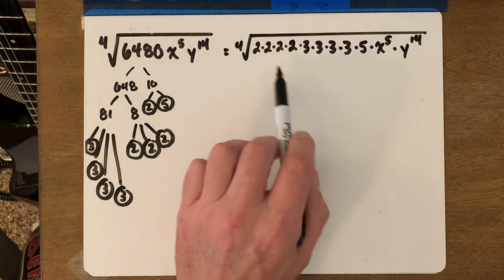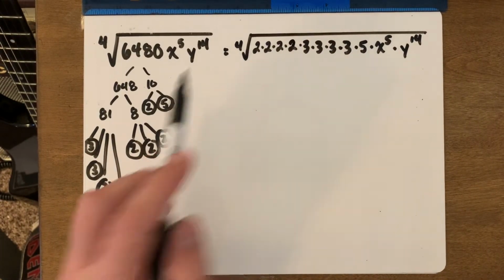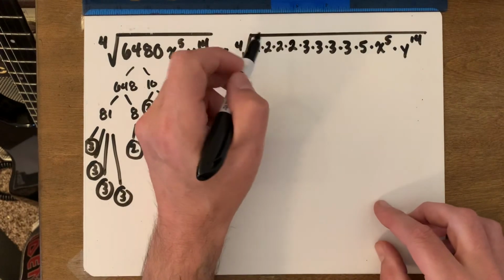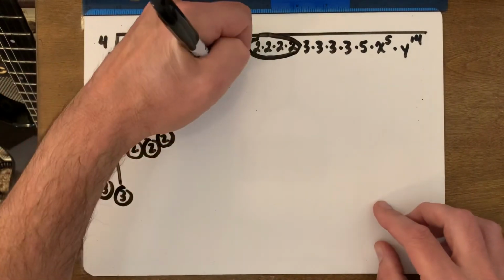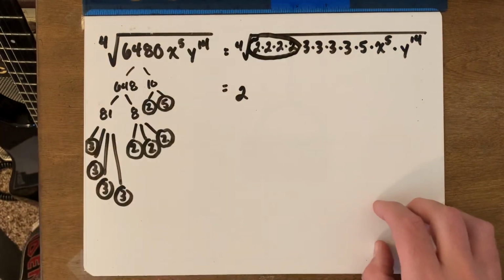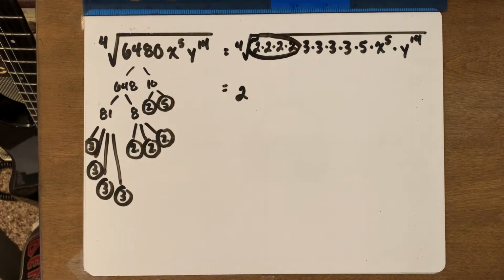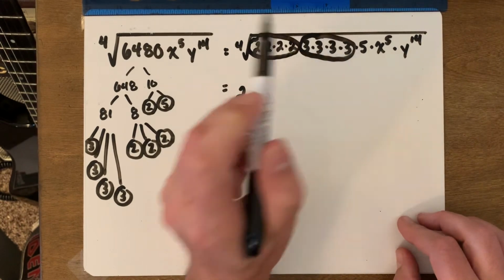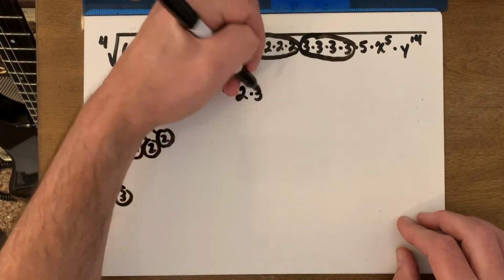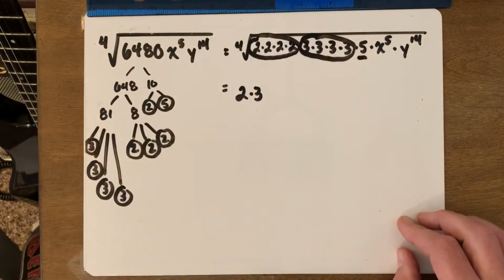Okay, so here we go. I need a group of 4 now because my index is 4. So I'm going to be grouping 4 of them. So I have 4 2s right there. So that single 2 out there represents 4 of them that were under there. I have 4 3s. Okay, so a 3 comes out. The 5 is left in.